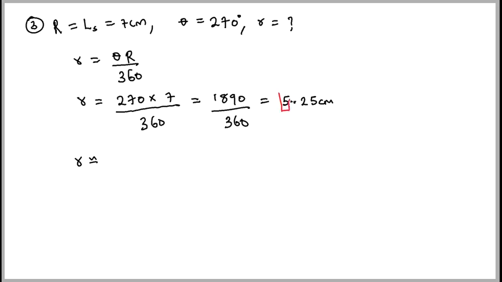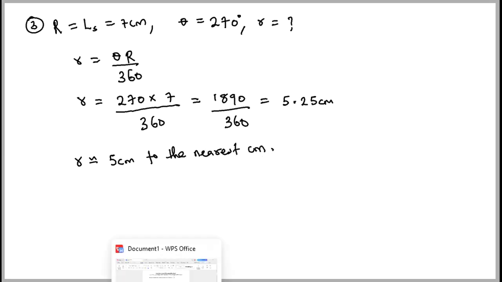The whole number here is 5. The digit next to 5 is 2, and 2 is not up to 5, so I cannot add 1 to the 5, so I have to round down. I'll leave it that way. So my answer becomes approximately 5 centimeters to the nearest centimeter. So that is our answer.